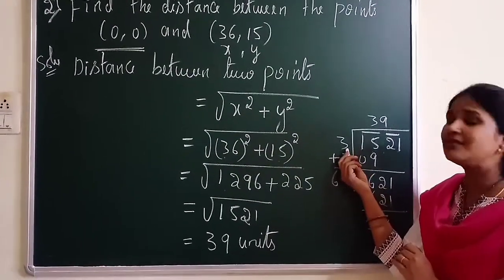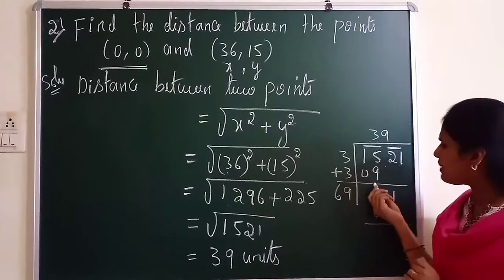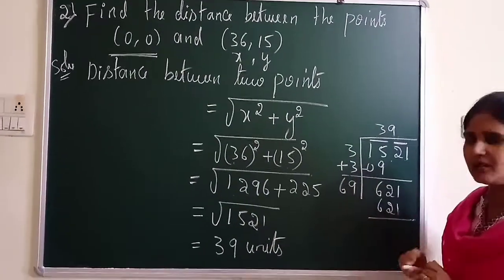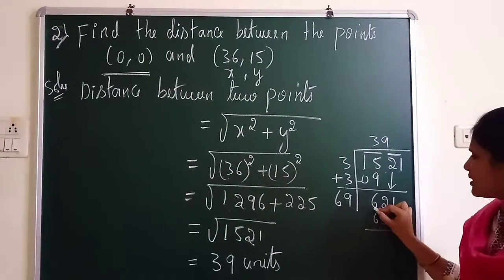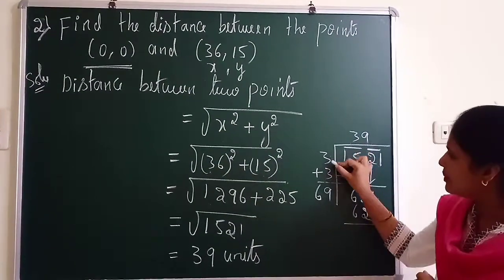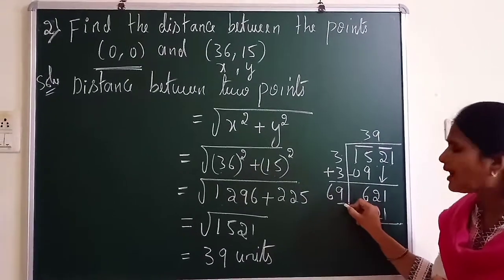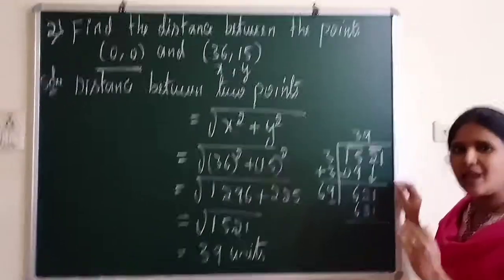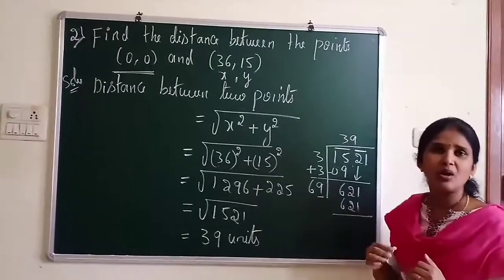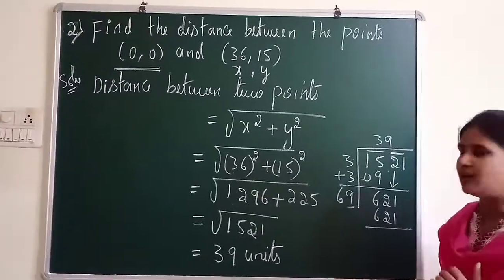So let us take 3 3s are 9. 15 minus 9 is 6. You have to subtract here and bring the next period, that is 21, down. So I got 621. 3 plus 3 is 6. Now you have to think of another number, because this is the last period, which ends with 1. So recall 9 9s are 81.